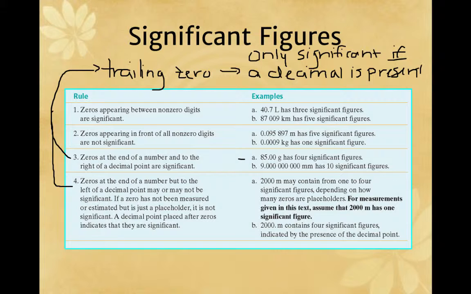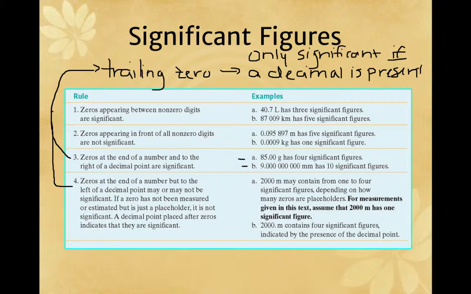Looking at A here, I have 2 zeros at the end of the number. So they're trailing zeros, which means I have to check for a decimal place. There is a decimal place in that number, so I do count those zeros as significant. So I would count 1, 2, 3, 4 significant figures.